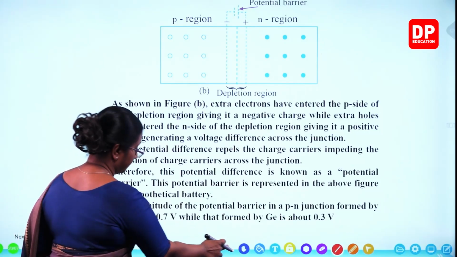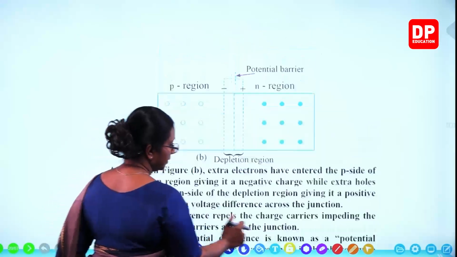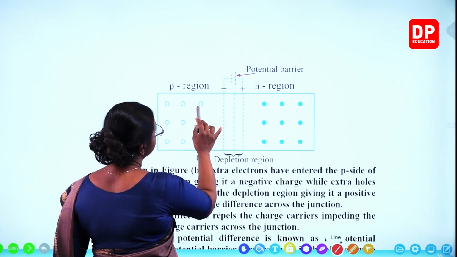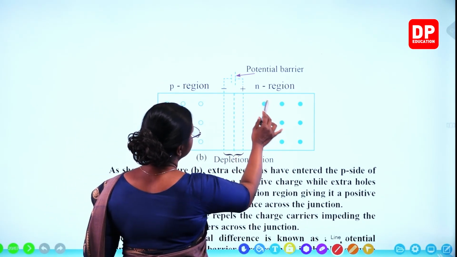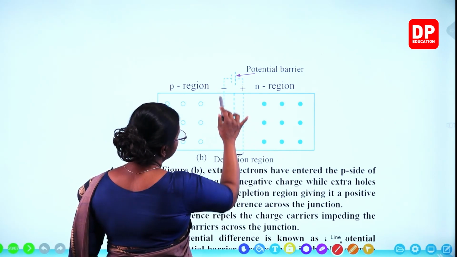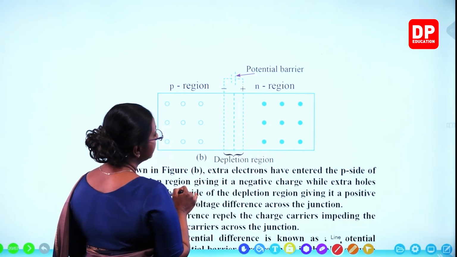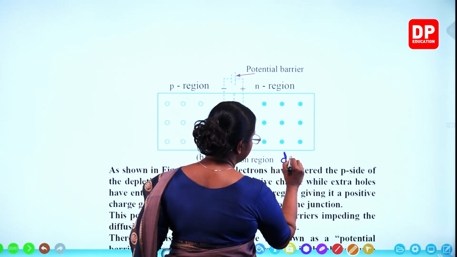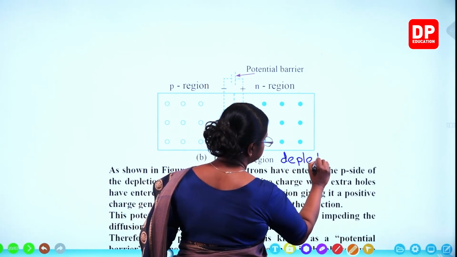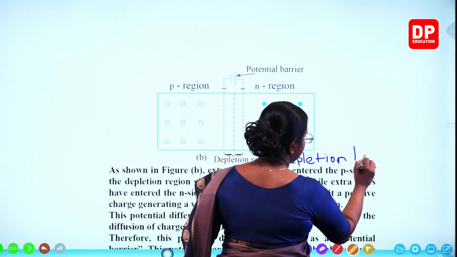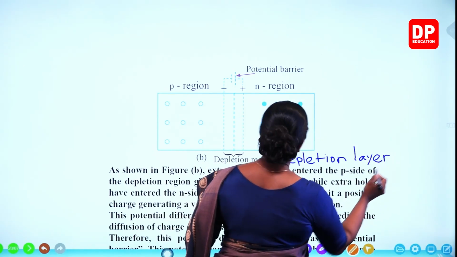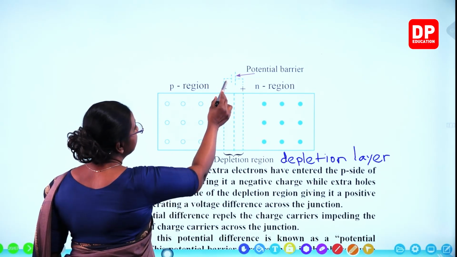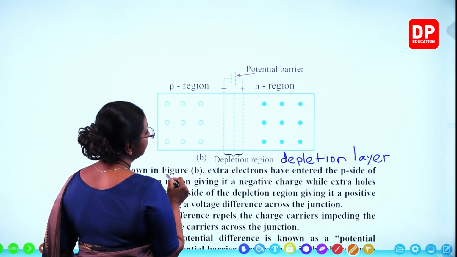Here you can see. So after the diffusion, from the P region holes diffuse, from the N region electrons diffuse. So there is this depletion region or the depletion layer. So like I told you all, because the electrons came here, there is an additional negative charge.